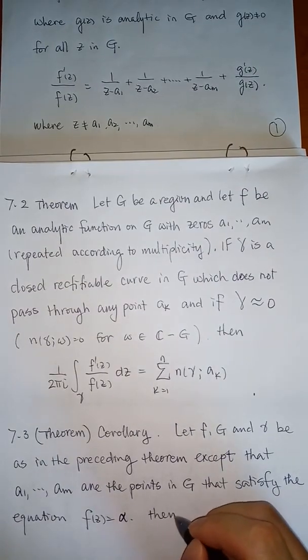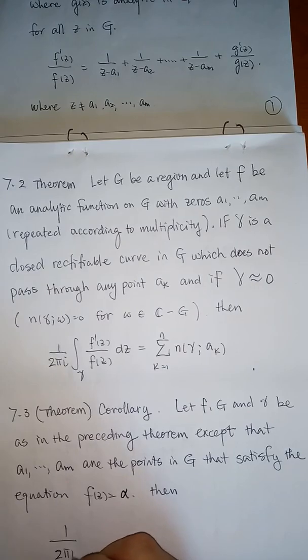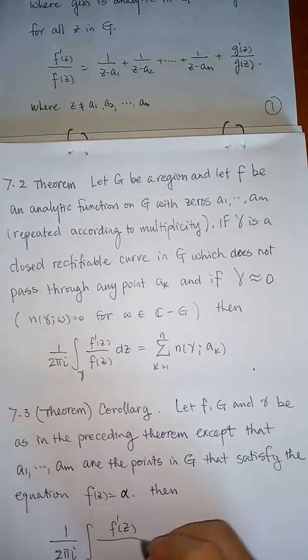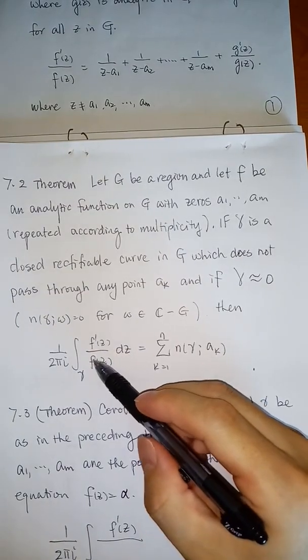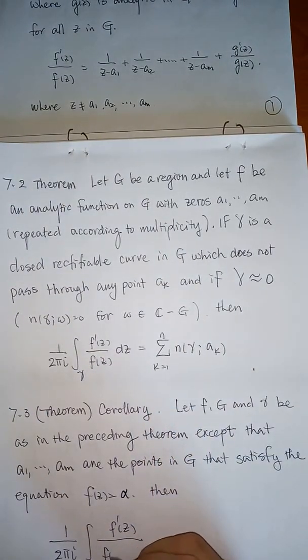Then we have 1 over 2 pi I, the integral along gamma f prime of z over f of z minus 0. Here it is f of z minus alpha.